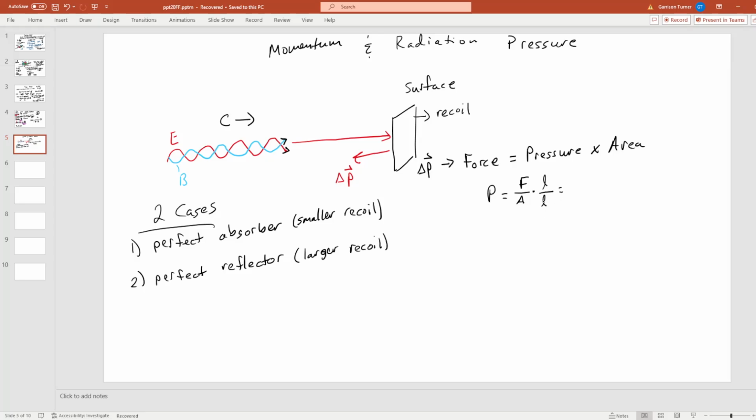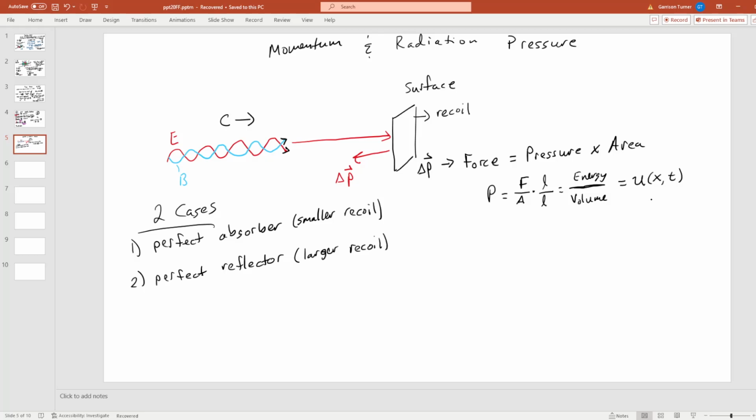Well, the bottom area times a length is just a volume. And force times length is energy, or joules. But energy per unit volume is your energy density.